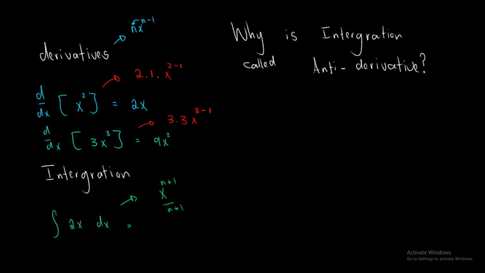So let's do that. This just means we're going to add 1 to our exponent, and we want to end this integration with a plus c, please. Okay, remember this one. Remember, plus c.